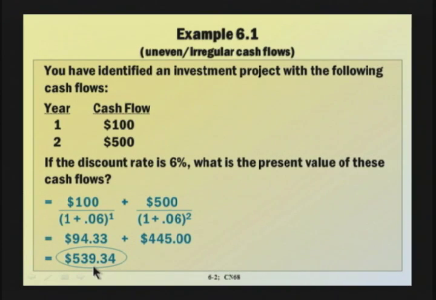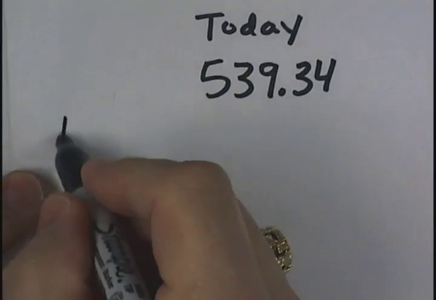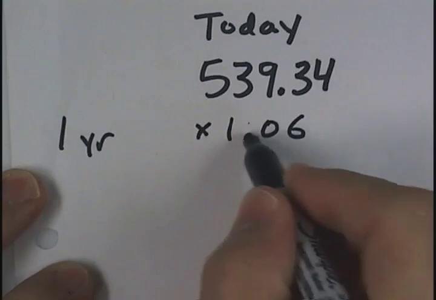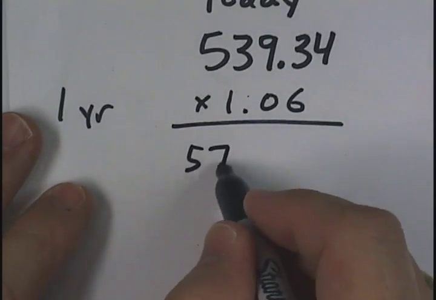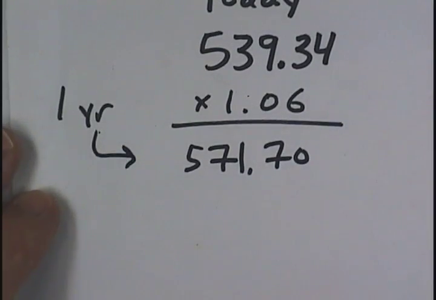if you invested $539.34 at 6%, that should produce $100 for you 1 year from now and $500 2 years from now. So let's check that out and see if that makes sense, that this is the appropriate amount to pay for this investment. If I invest the $539.34 today at 6%, then in 1 year I will have 6% more cash, which would be $571.70 1 year from now.